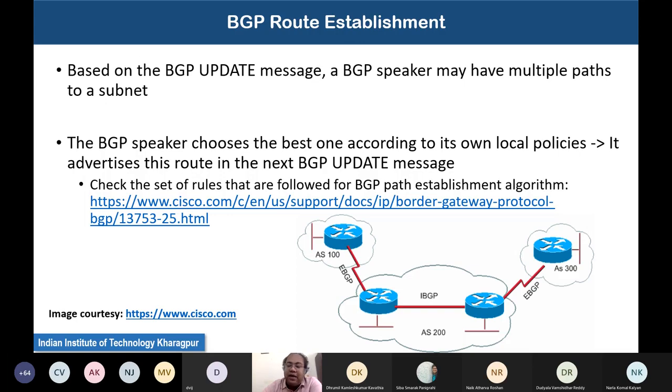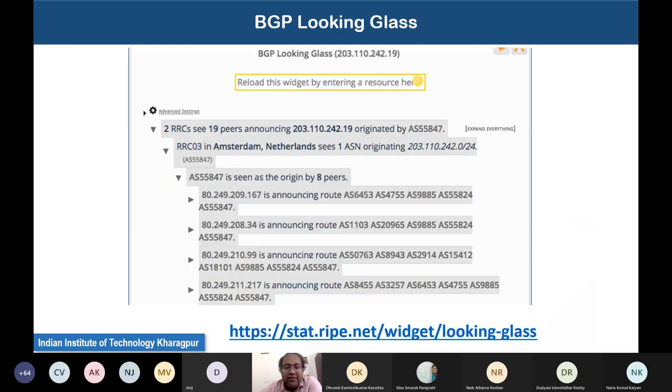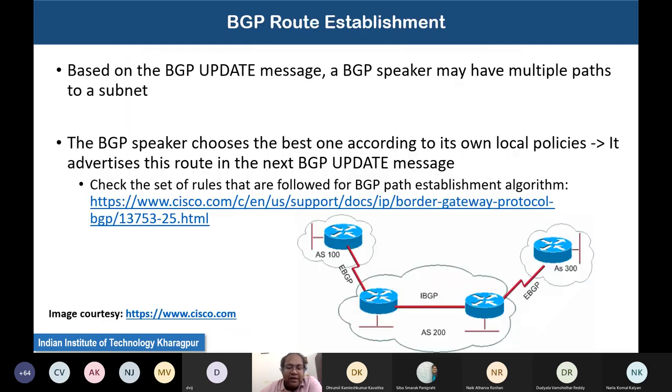For example, local traffic is given priority over transit traffic. I have given you in the slides the link where the entire algorithm followed by Cisco routers is given. Let me open that Cisco algorithm.